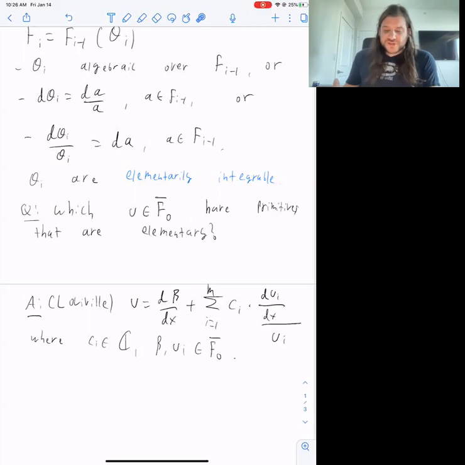And the second thing to notice is that this condition is not entirely trivial to check already, right? Because on the one hand, this is a very nice answer. It's telling you, in a very concrete form, which functions are integrable. On the other hand, having to search over all algebraic functions, ui and beta, is not the easiest thing in the world.